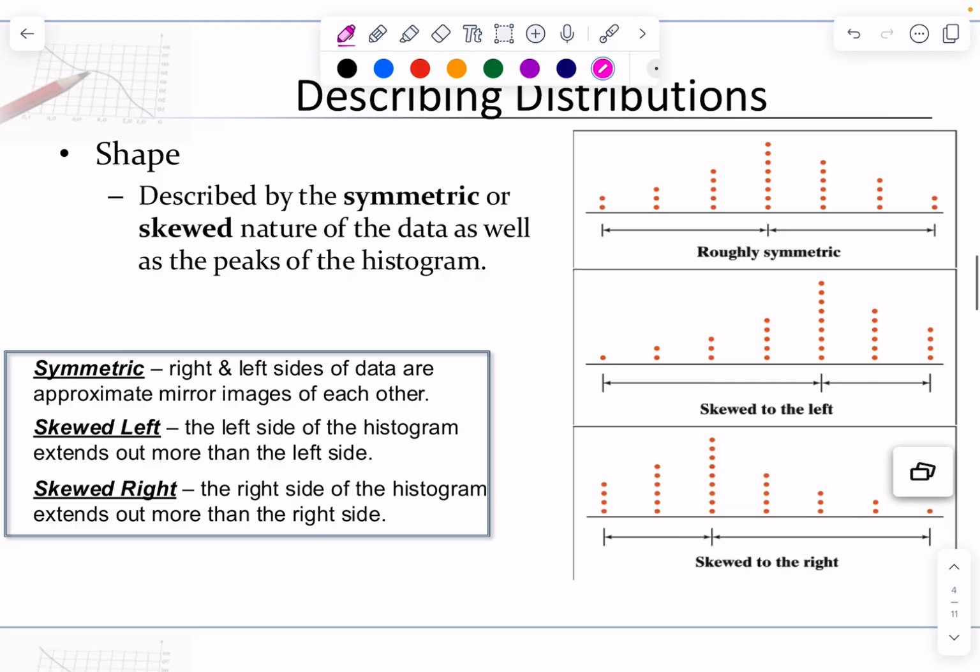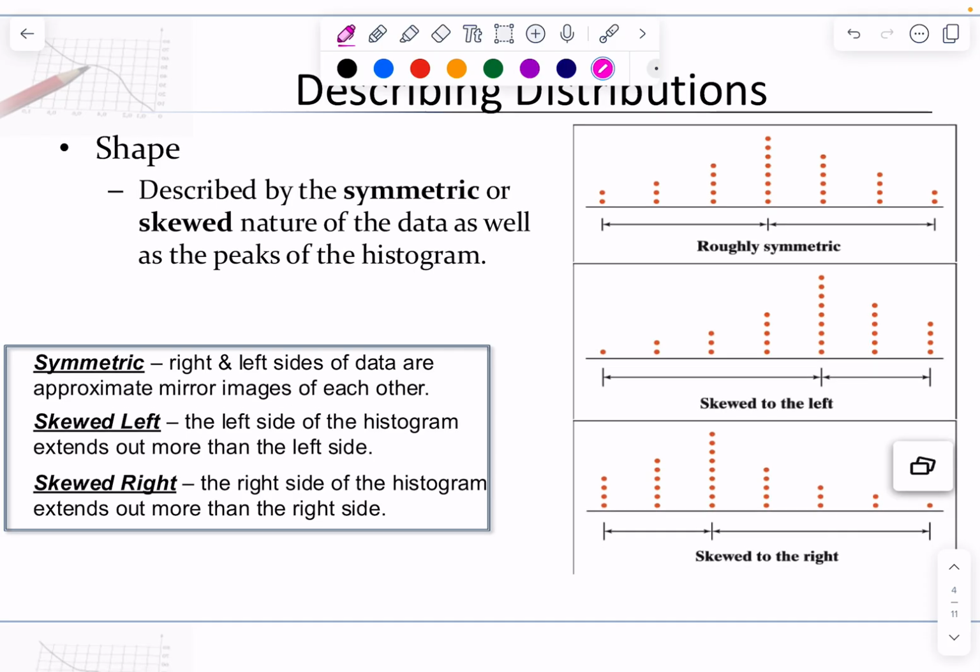As far as shape is concerned, when we're describing our distributions, there are three different types of shapes that we're really going to focus on. As we look at the examples here, we have the graphs on the right. That top graph is what we would call a roughly symmetric graph. As you look at the definition over on the left, a symmetric graph, just as the name implies, has left and right sides that are approximate mirror images of each other.